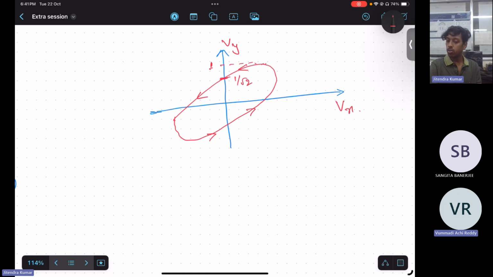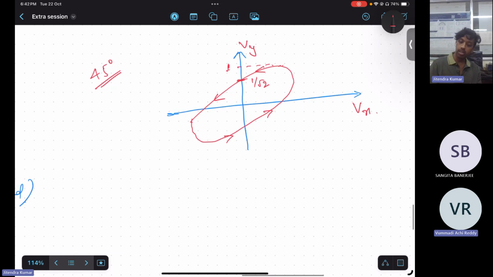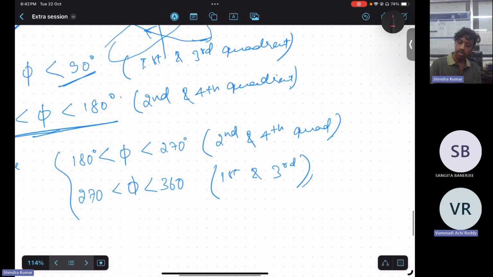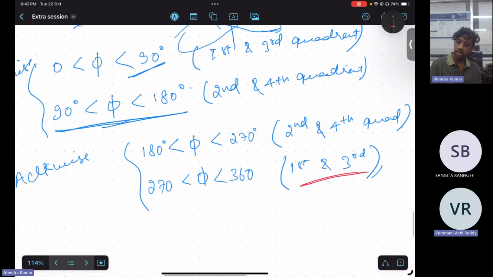Forty-five degrees. You are partially correct, Mr. Reddy. You did not take care of the direction. The direction is anti-clockwise. So for anti-clockwise, what did I say? It will be the first and third quadrant, so 270 to 360.